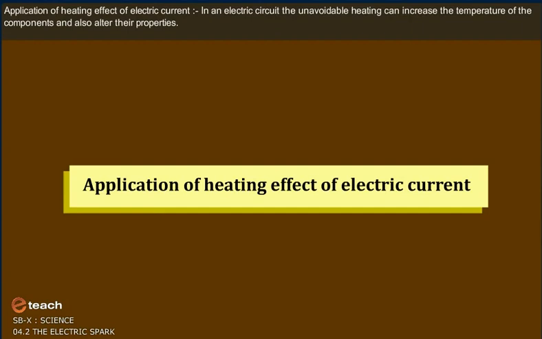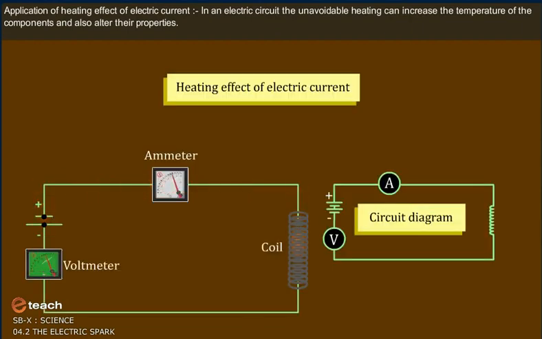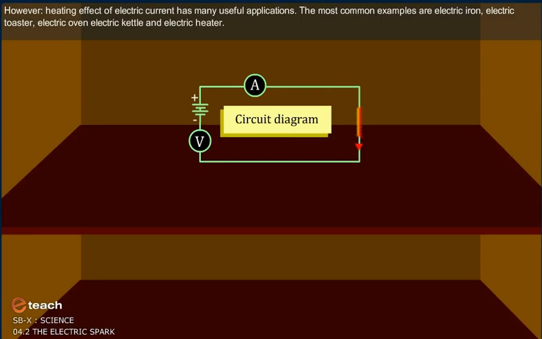Application of heating effect of electric current. In an electric circuit, the unavoidable heating can increase the temperature of the components and also alter their properties. However, heating effect of electric current has many useful applications.